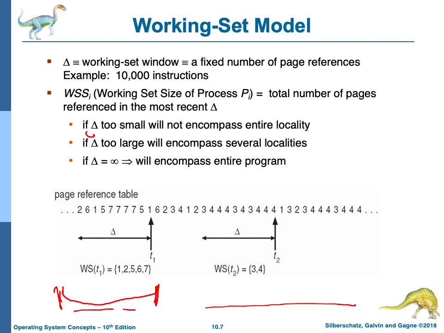So for instance here, if we have a window size of, I think here it's 10, so 1, 2, 3, 4, 5, 6, 7, 8, 9, 10. So if the size of the window here is 10, then the locality set is pages 1, 2, 5, 6, and 7.